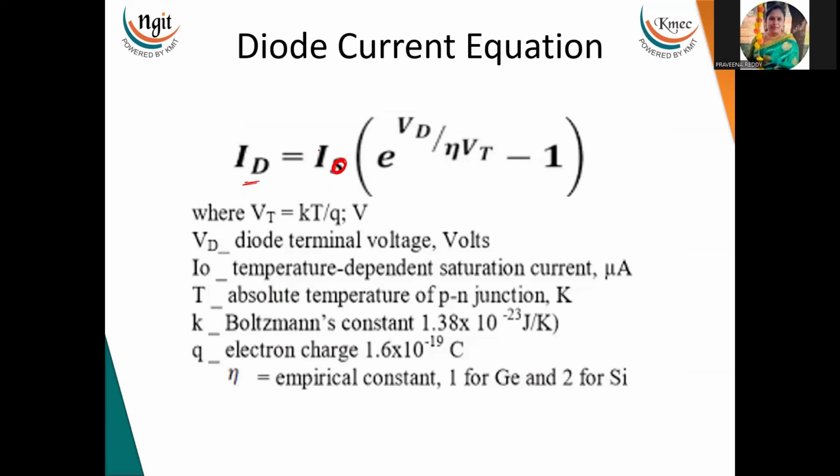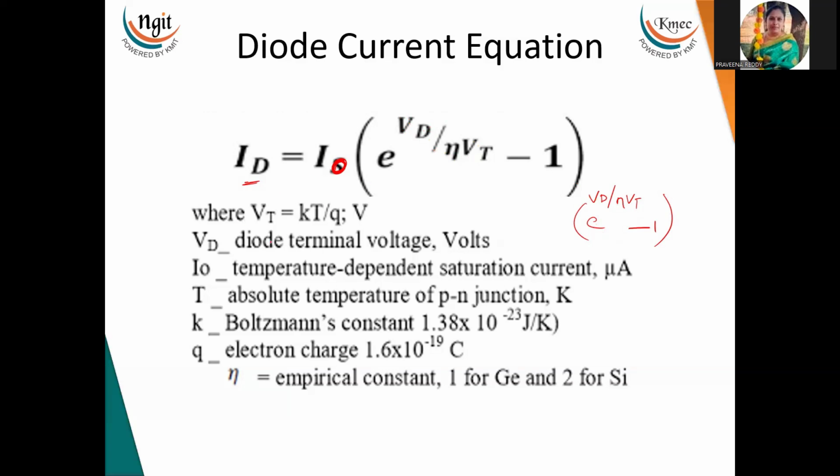So ID is equal to I naught into e to the power of VD divided by eta Vt, minus 1. This minus 1 is for the e to the power of VD by eta Vt minus 1. So this VD divided by eta Vt, the entire thing is in the exponent.